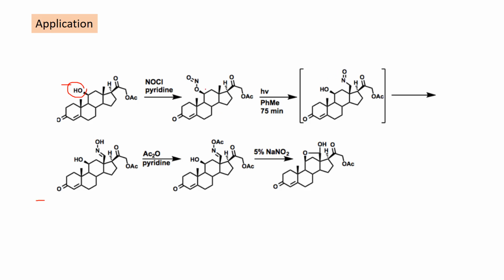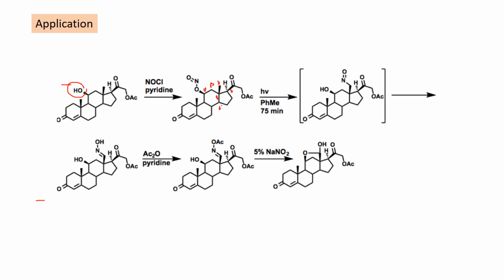So here, which is the delta position? Alpha, beta, gamma. Now there are three types of delta position. This one is delta, this one is also delta, and this one is also delta.